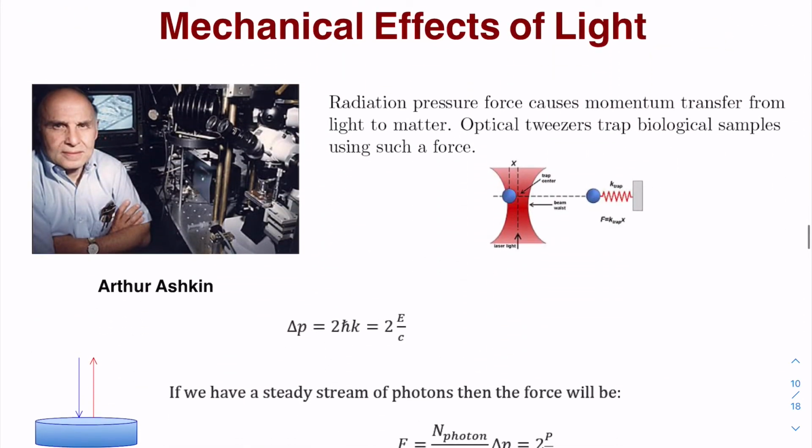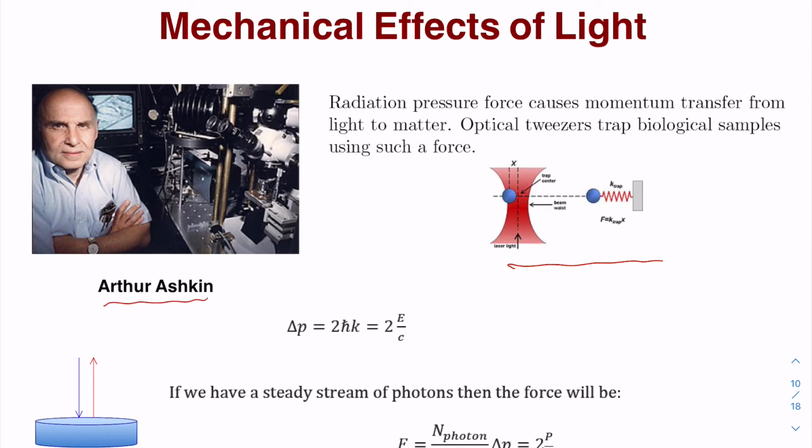Now let us briefly discuss the mechanical effects of light a bit qualitatively. Mechanical effects of light, in particular the so-called radiation pressure force, are at the root of all optomechanical phenomena. In fact, radiation pressure force is behind the most well-known optical tool called optical tweezers, frequently used by biologists.